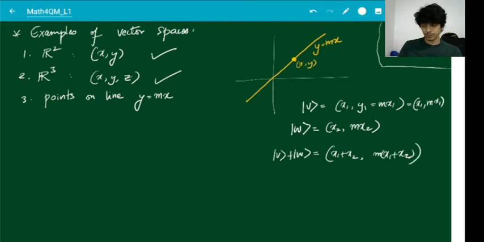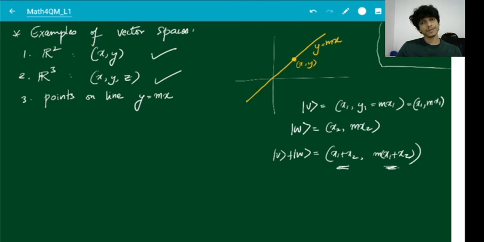So this is also of the form something and m times something, so that also lies on that same line. You can also think of it diagrammatically: if you take two vectors, both pointing along that same y equal to mx line, and you add them, you will still be along the same line. So the sum of the two vectors is also a vector in this space.